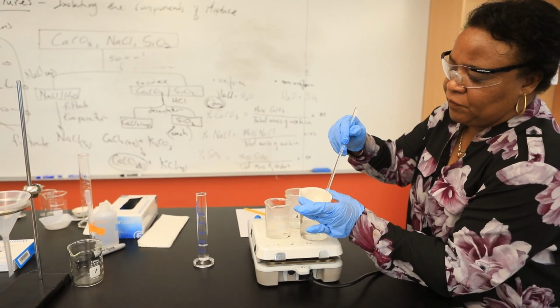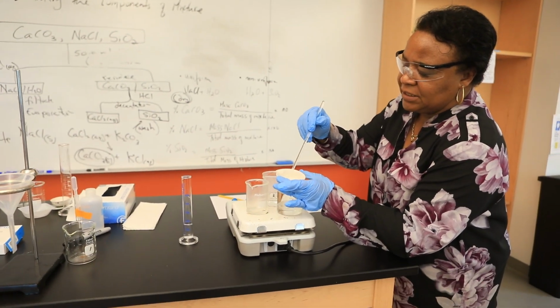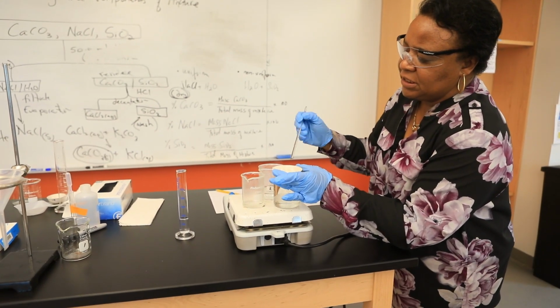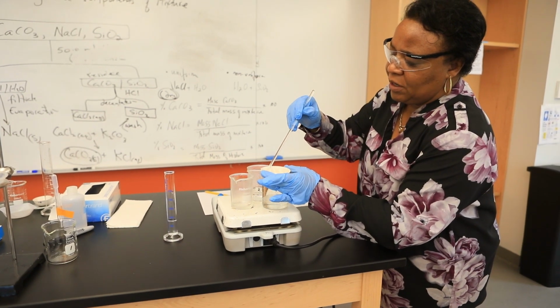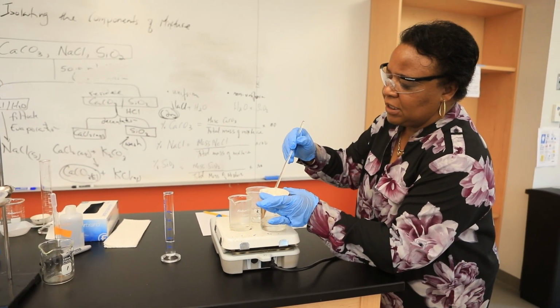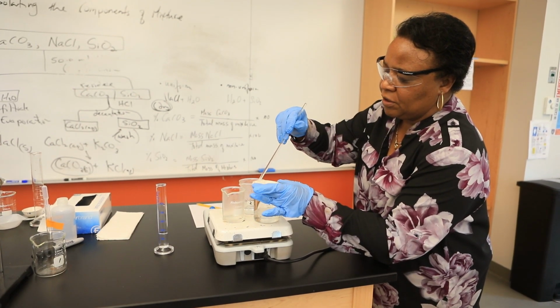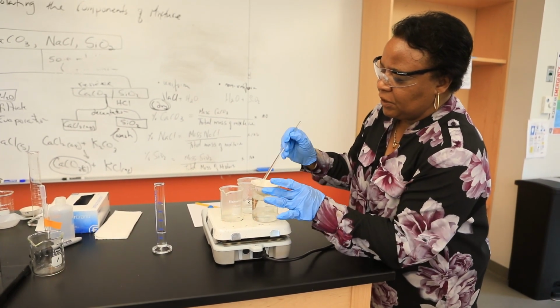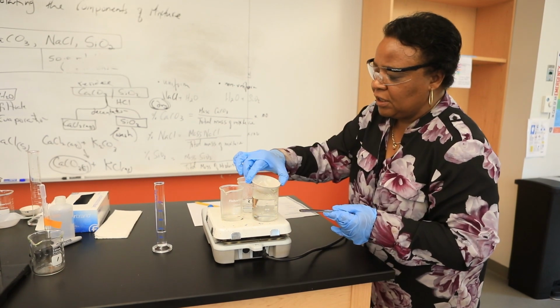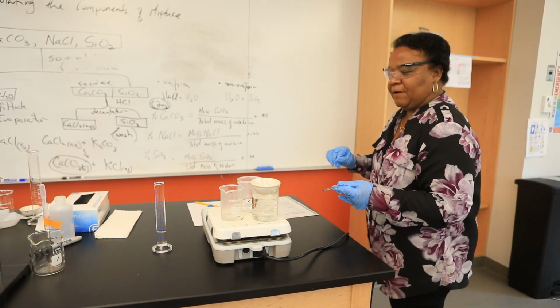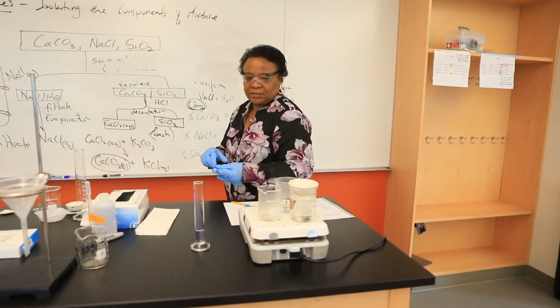If I just take a few minutes and try to move that sand around, when it no longer sticks to my stirring rod, then I will for certain know that that sand is completely dry. Right now it's still sticking a bit. Yes, it is moving freely, but I'm going to give it a few more minutes to come to complete dryness.